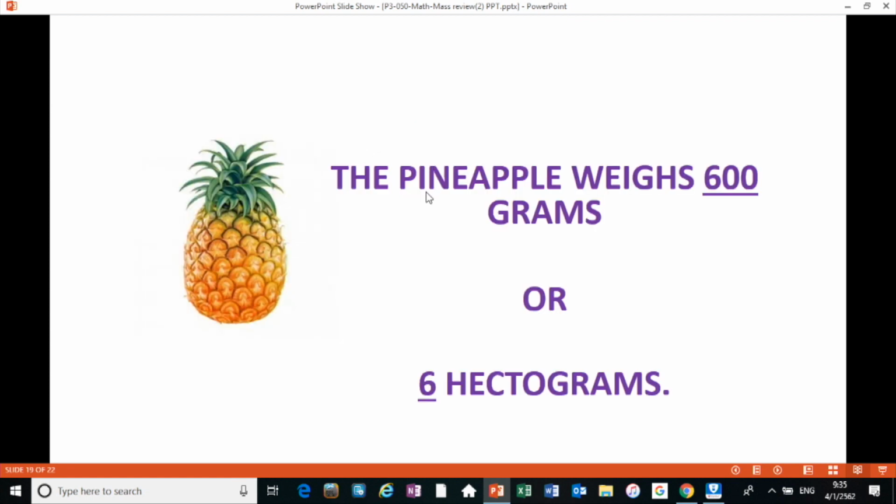So if the pineapple weighs 600 grams, how many hectograms? 6 hectograms. How many kid? So can we say the pineapple weighs 600 grams or 6 hectograms?